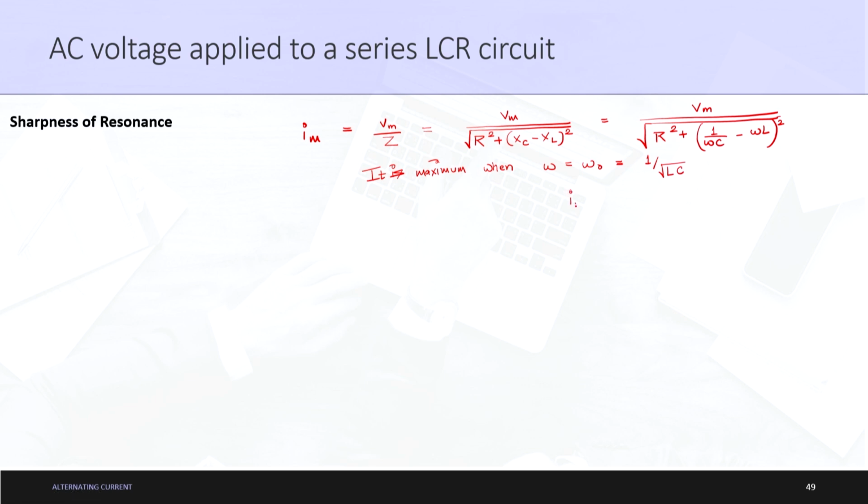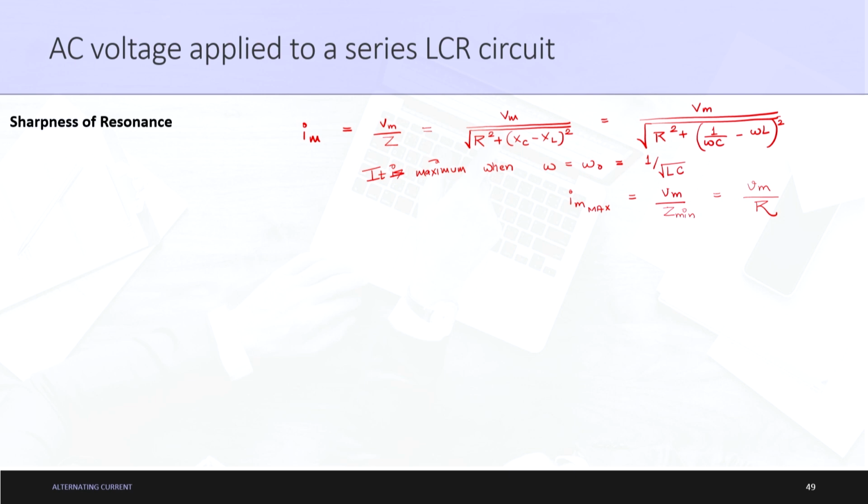Therefore, the value of I m max is equal to V m by Z min, which is equal to V m by capital R. This is the basic concept of resonance which we have understood till this point.